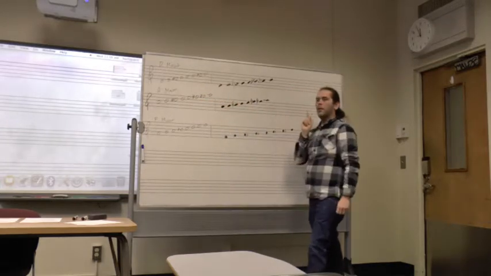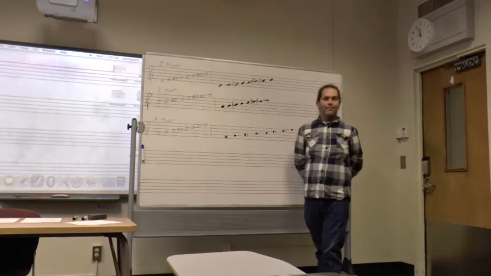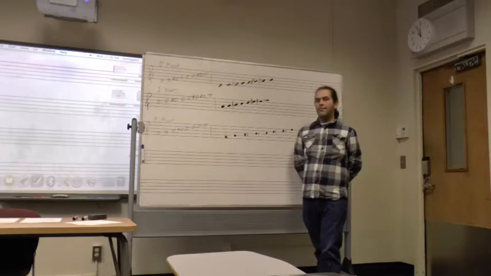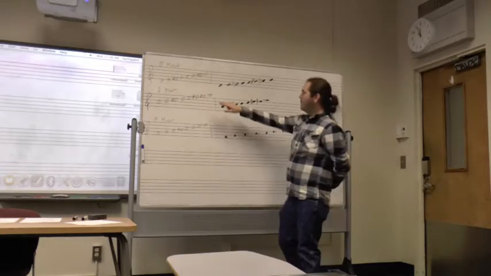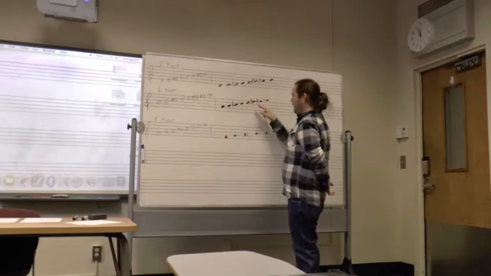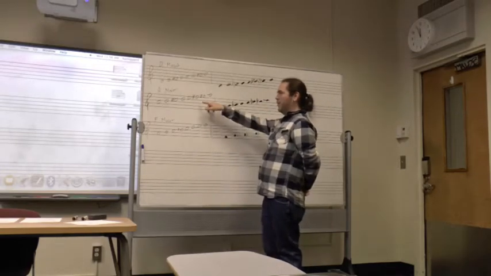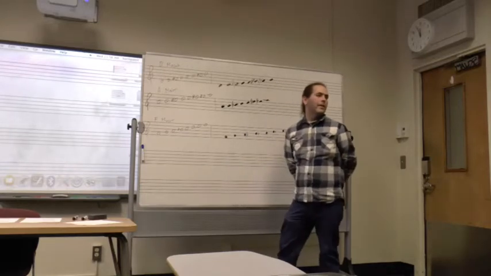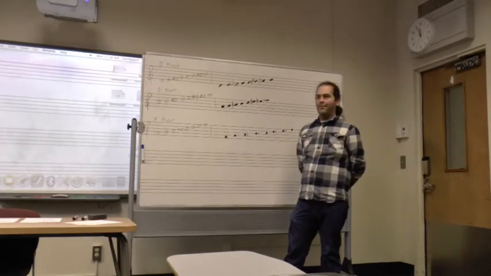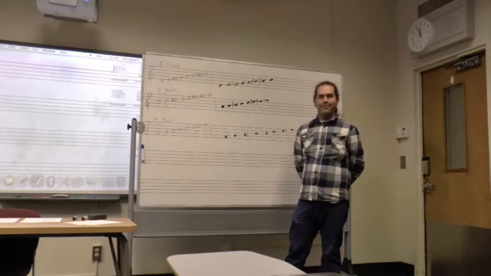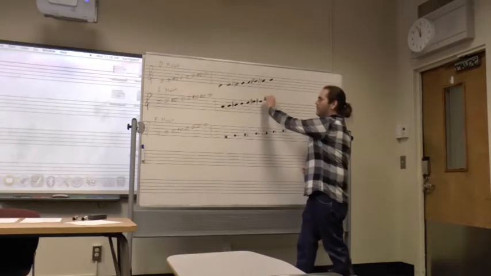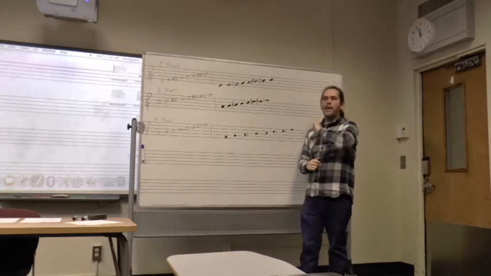Where are we going to lower that one to? F natural. Then the 7th scale degree, G sharp, is going to be changed to G natural. Very good. Who got that for A minor?